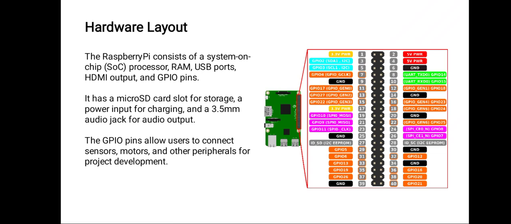It has a micro SD card slot for storage, a power input for charging, and a 3.5 audio jack for audio output. The GPIO pins allow users to connect sensors, motors, and other peripherals for project development.